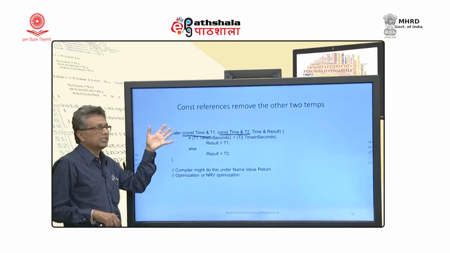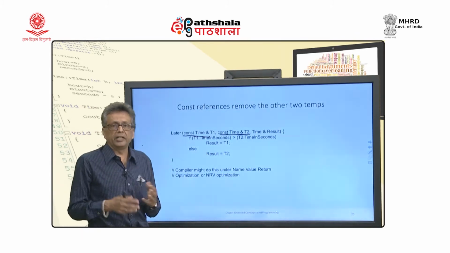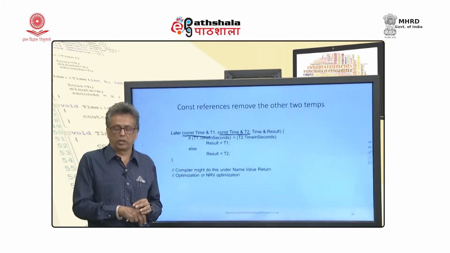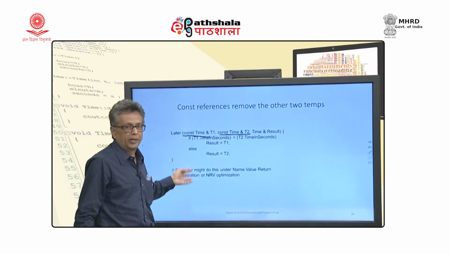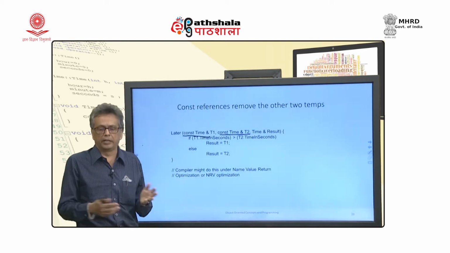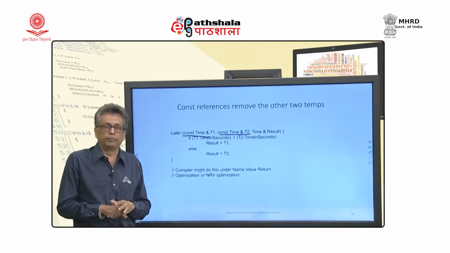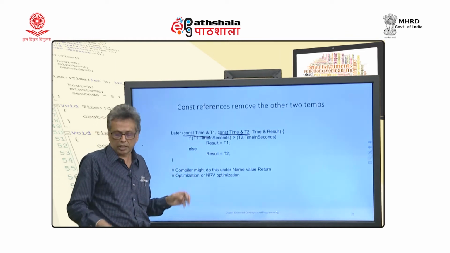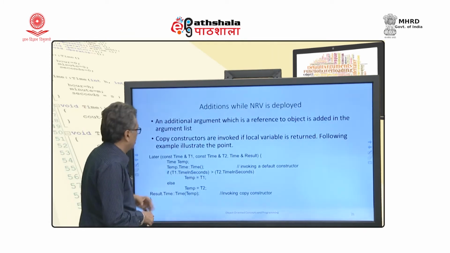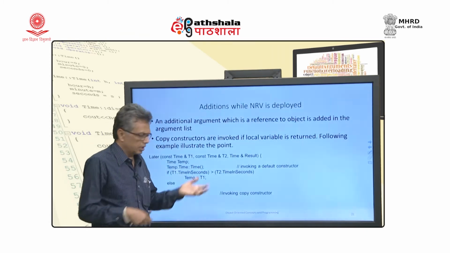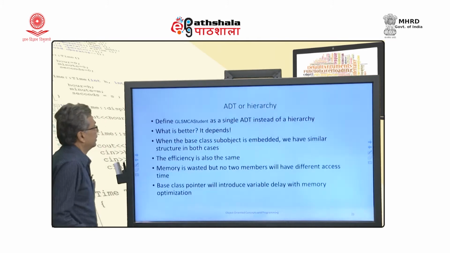So, this is the best thing, and many times the compiler does this on its own, and that is called named return value optimization. I will not talk more about it. You may read my own book on this, or you may read Stanley Lippman's C++ Primer, which describes this in much more detail.